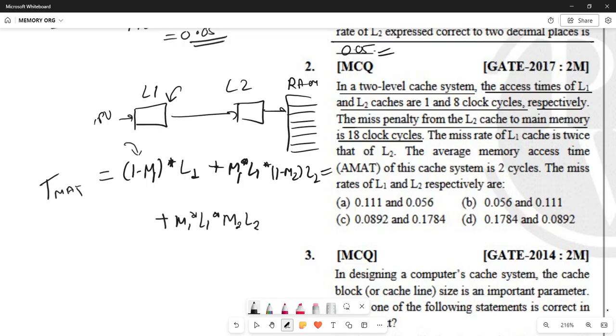Miss has already happened. So it's either a hit on L2 or a miss on L2.